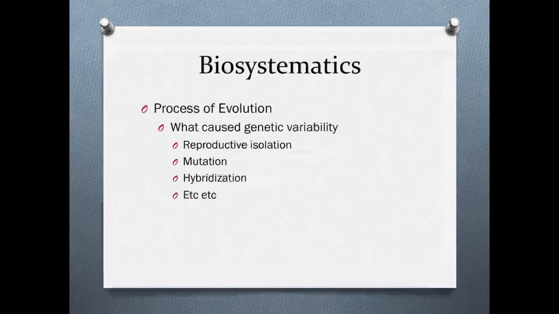And then finally we have biosystematics, which is looking at the process of evolution and what caused this genetic variability. It looks to know what happened, how a species actually showed up on the planet. Did the plants land on some island because birds arose there with seeds?